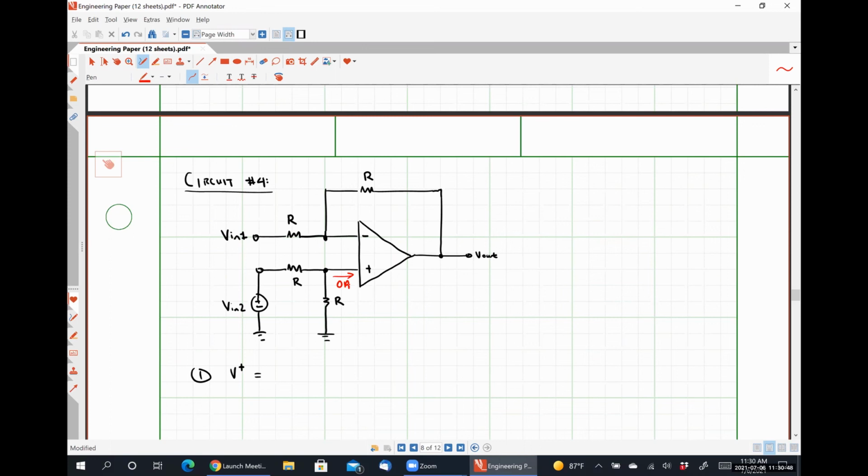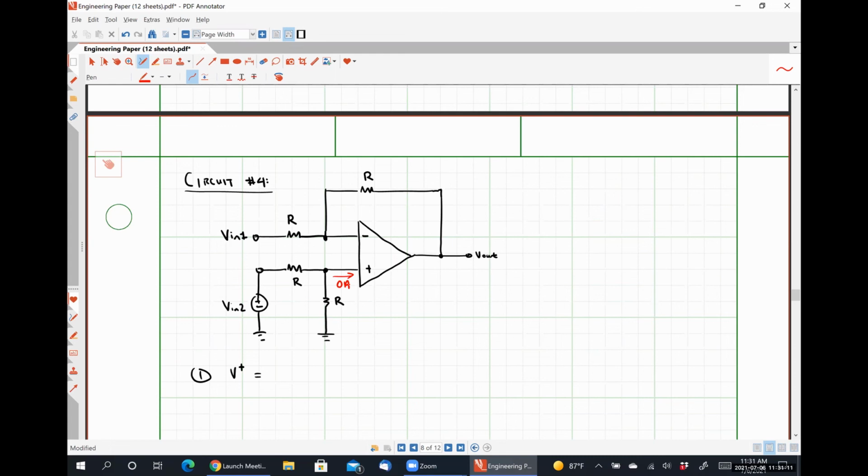All right. So based on the fact that this is a voltage divider applied at the non-inverting input terminal, take another stab at V plus. It'll just be Vn2 times R over 2R.